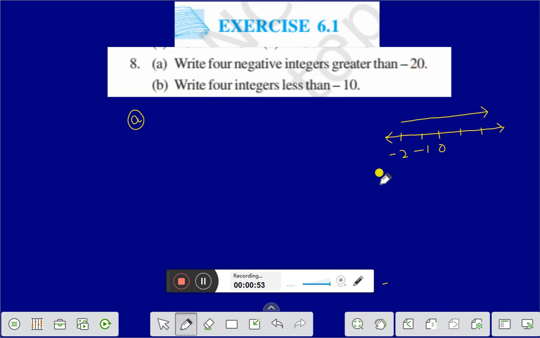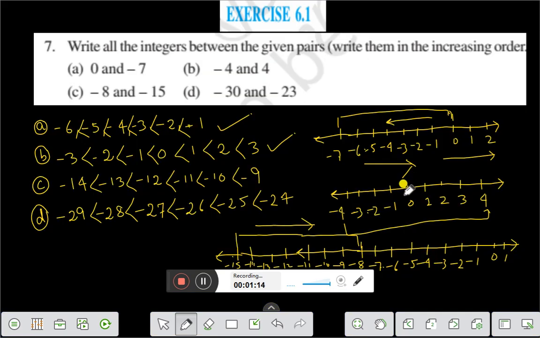Suppose here let us take another number line. Here it is 0 and suppose this is minus 20. The next number is minus 19. The next number is minus 18.